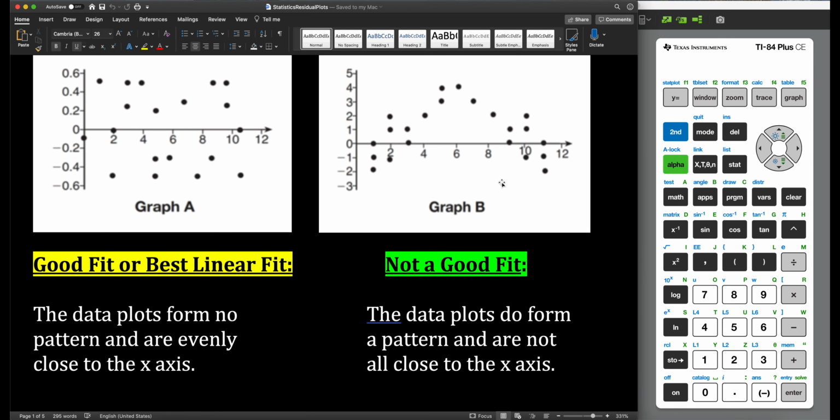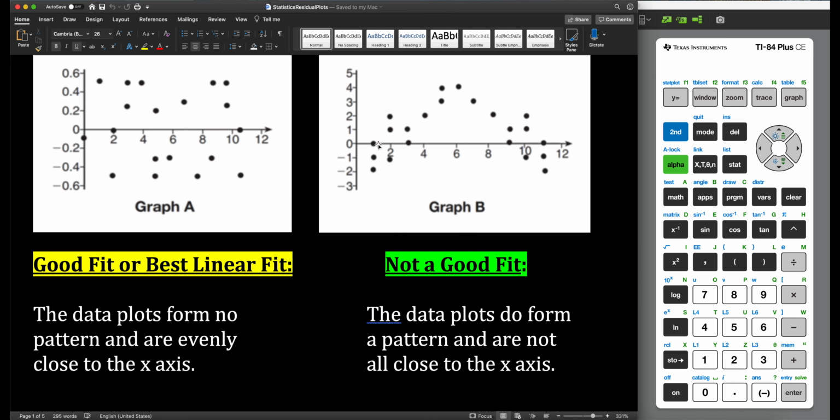If you were to look at graph B, notice it is different. Notice the data plots do form a pattern. As you go along the x-axis, the plots go up, they go up, they go up, they hit this point around here, and then they start to come back down, forming a pattern. And the plots are not all close to the x-axis.